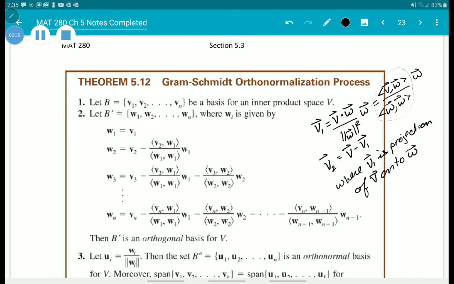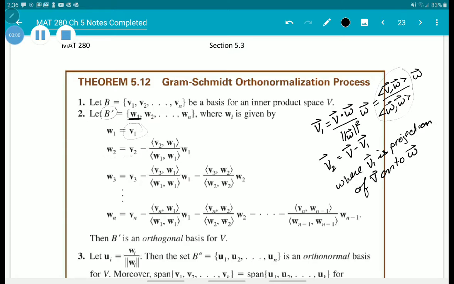We're going to say B is a set of basis vectors in some vector space V that's formed by an inner product. B prime is what they're using as the orthogonal basis here. So there's our notation. The way this works, we're going to let W1, our first basis vector in this orthogonal set, just be V1.